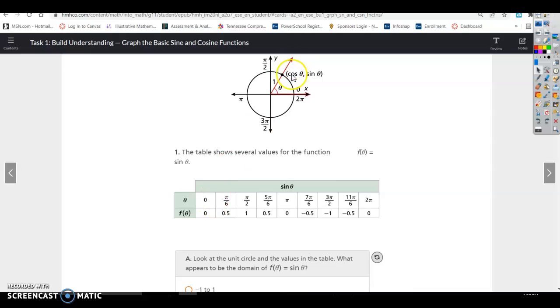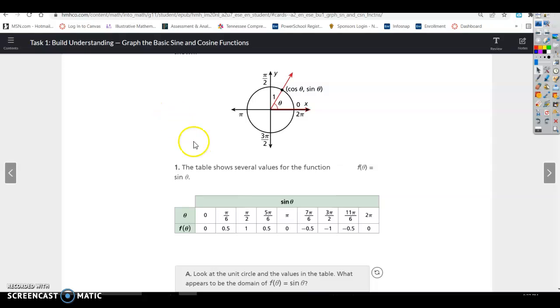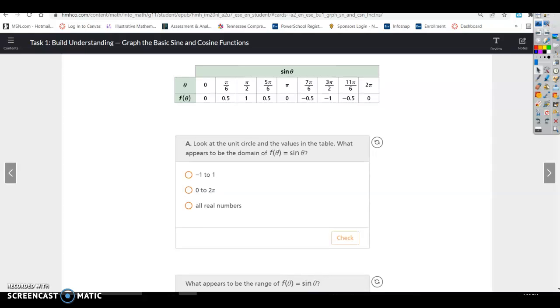So for each of these values in the unit circle, this is just the table of values that you would find if you went through and figured out what each of those were, given your 30, 60, 90, and your 45, 45, 90 triangles like we did before. Okay, so when we're looking at these, we are looking at the unit circle again. As you can see, the radius here is 1 unit. So that's where that table of values comes from.